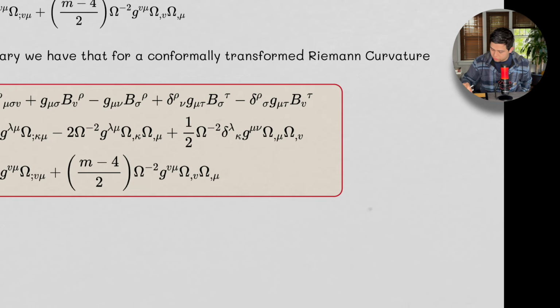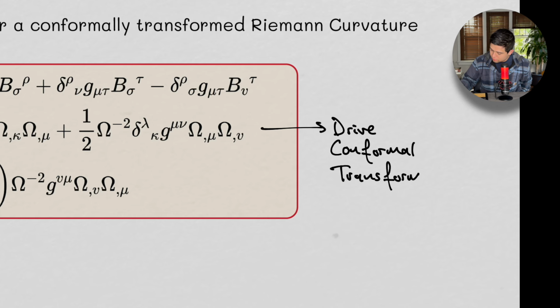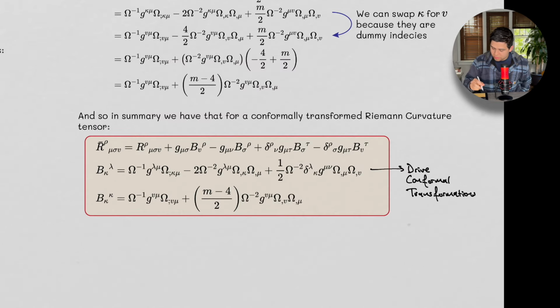So these beta terms drive the conformal transformations.